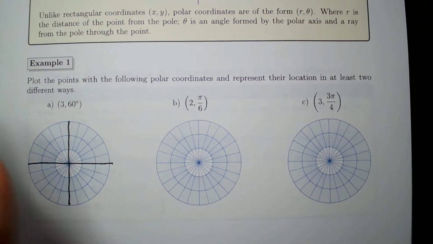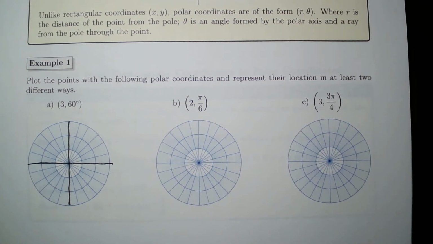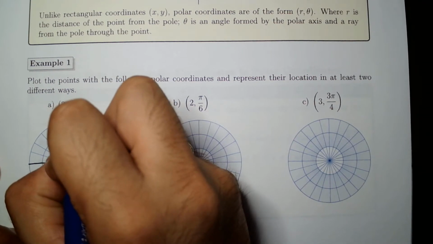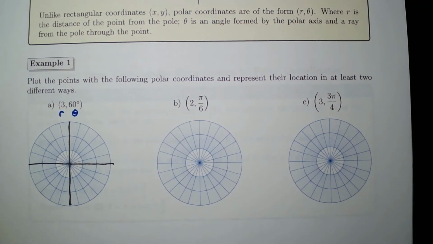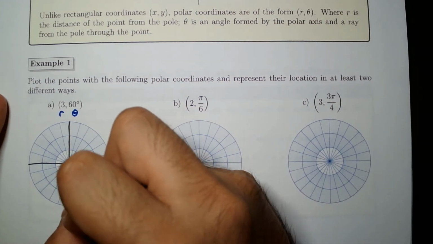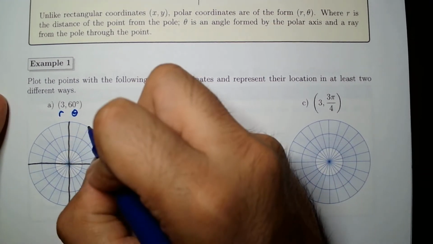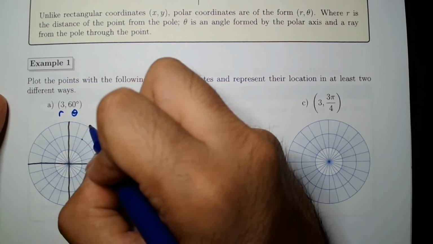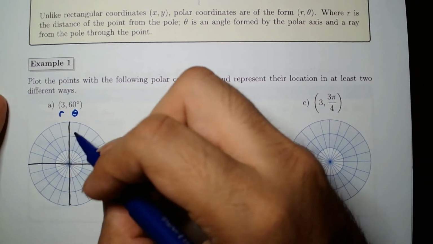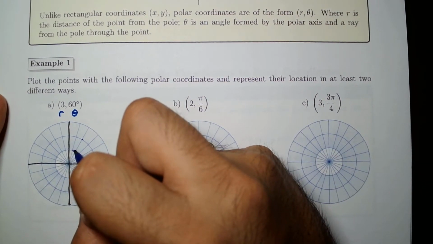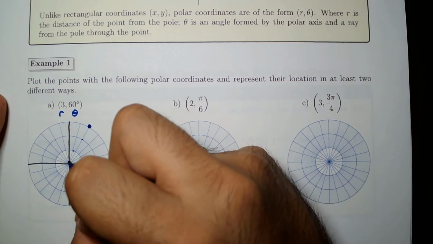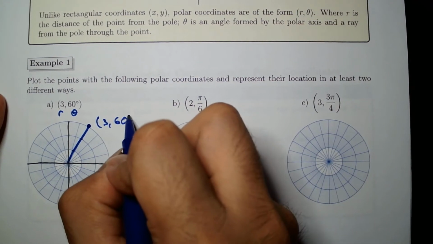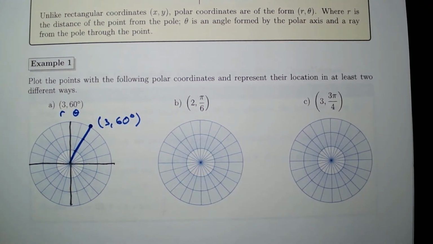We're going to plot the point 3, 60 degrees, which is radius equals 3 and angle 60 degrees. So we go 60 degrees, which is roughly here, and the radius is 3 units. That's 1 unit, 2 units, 3 units. So that's the point 3, 60 degrees.